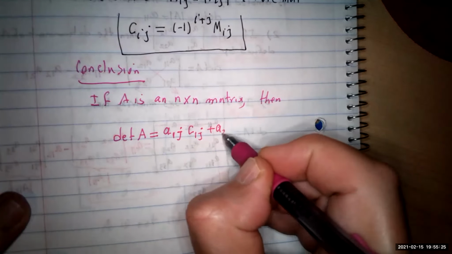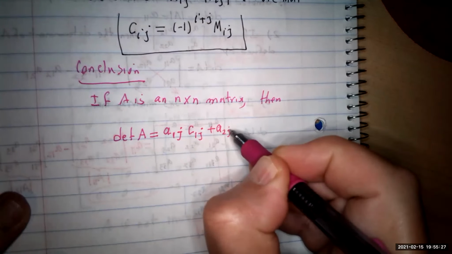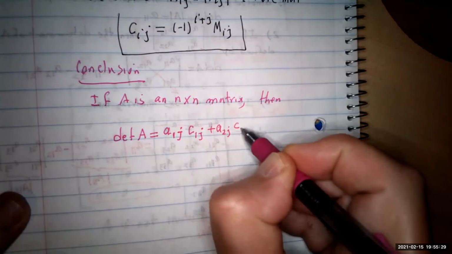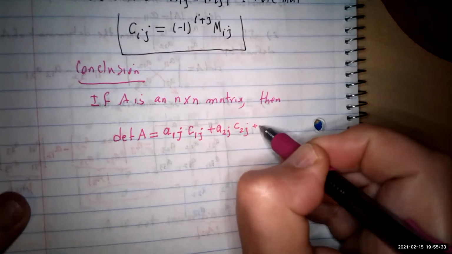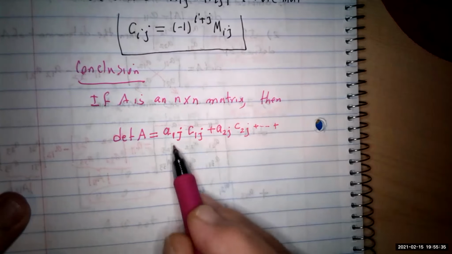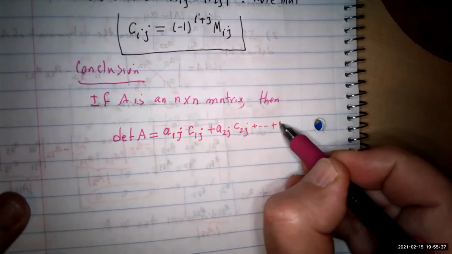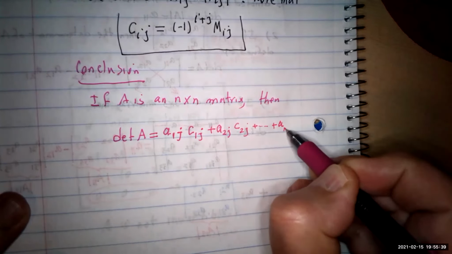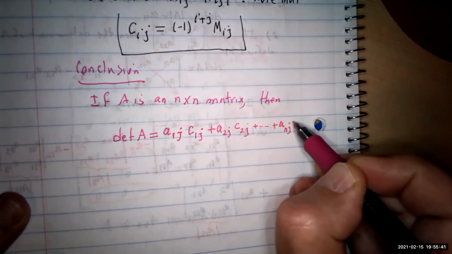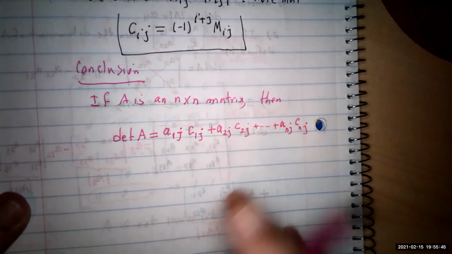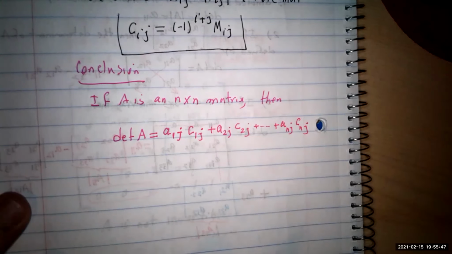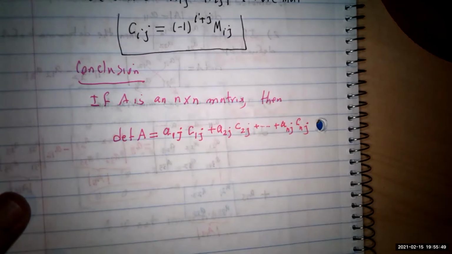This is going to be A2j, you fix the column, and this is going to be C2j. And then you continue to the end. So it's going to be Anj times Cnj. So this is going to be one version, if you like.